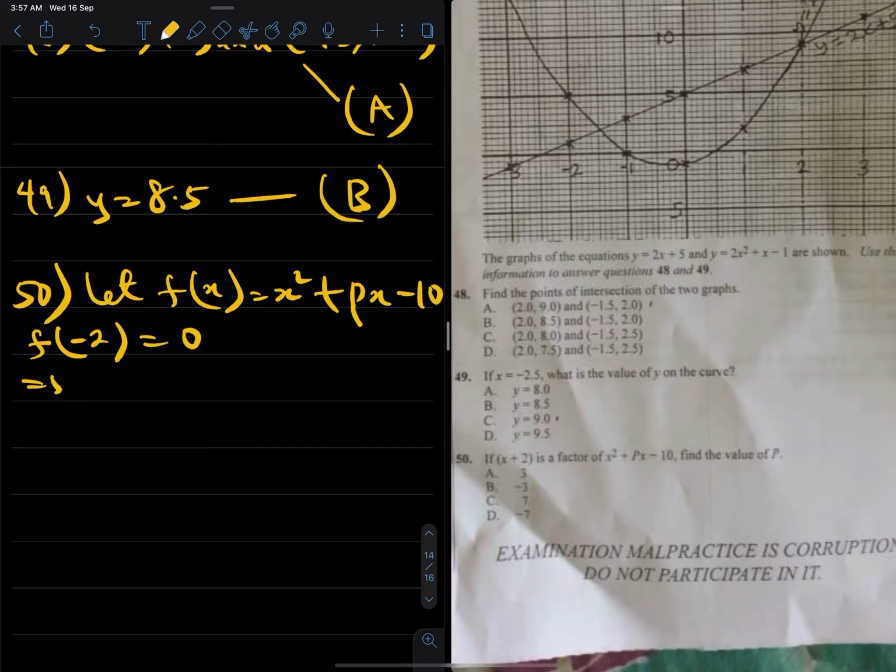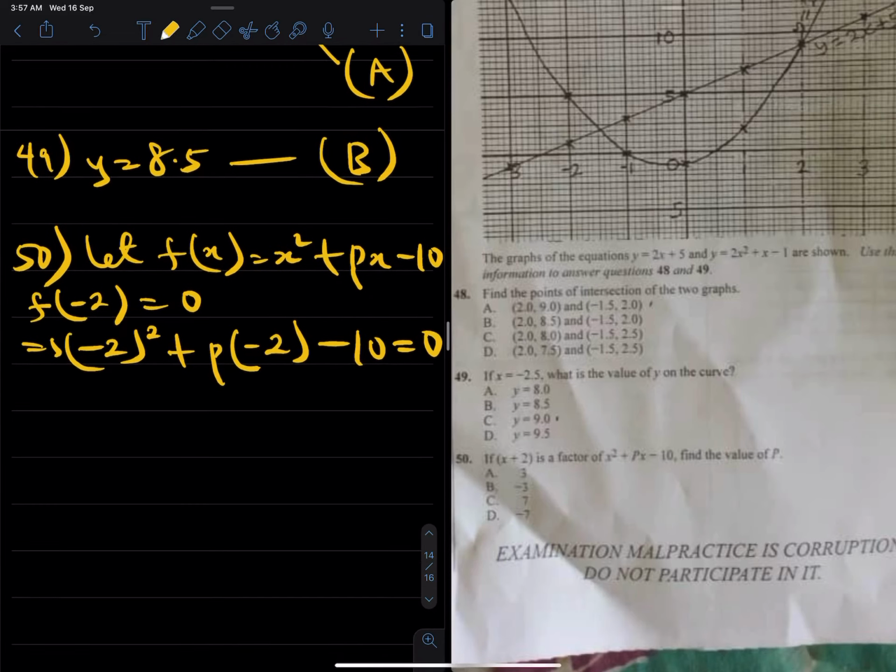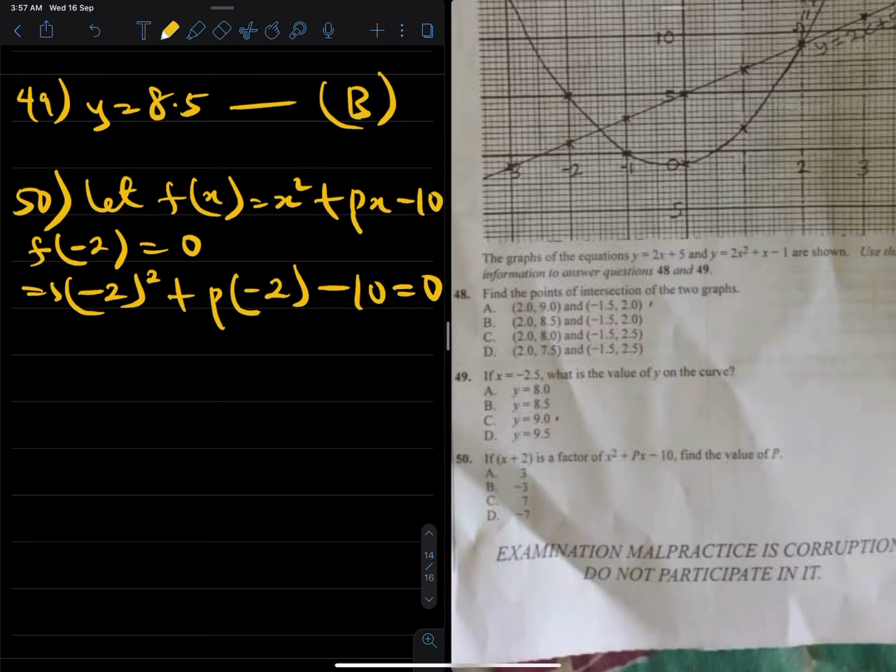And that simply means minus 2 squared plus p times minus 2 minus 10 equals 0. If you remember the remainder theorem, you know why f of minus 2 will be equal to 0.